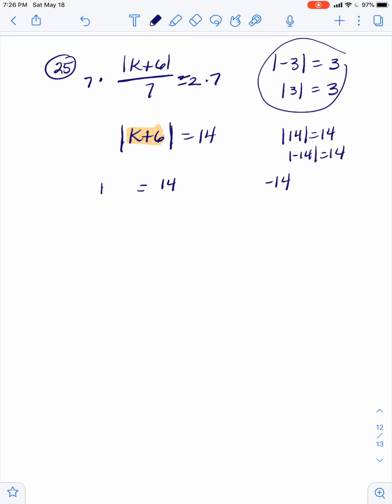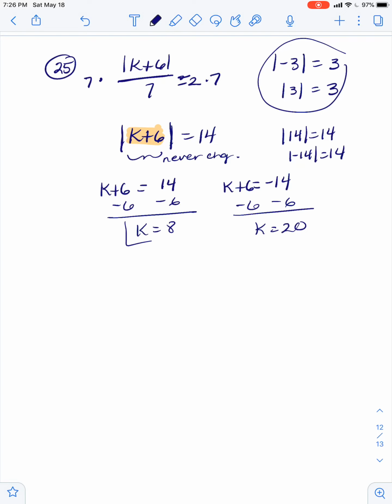So that is where I get my two equations. So that orange piece could equal 14 or a negative 14. Don't ever change this piece, never change, okay? The rest is just solving. Once you get your two equations up, the rest should be easy.